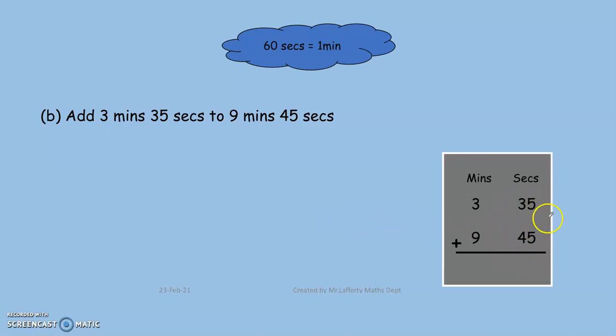So if we look at our seconds column, first of all, if we add 35 and 45, so we add the 2 5s, and that gives me 10, carry over the 1. And then we have a 3 and a 4, which gives me 7 plus this 1 is 8. And then if we look at our minutes column, we have 9, 10, 11, 12, so that gives me 12 minutes and 80 seconds. What's wrong with that?